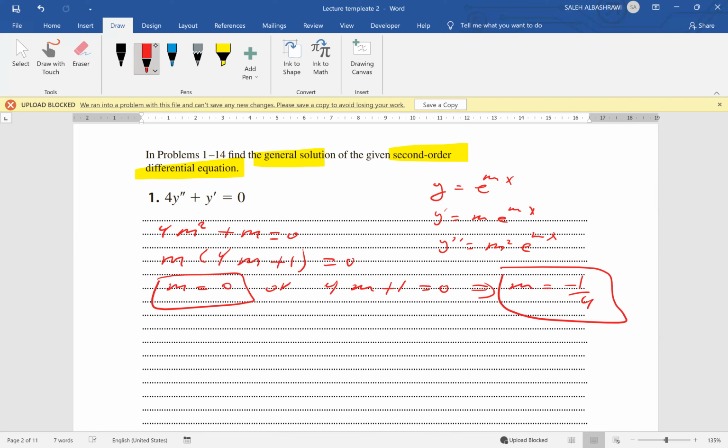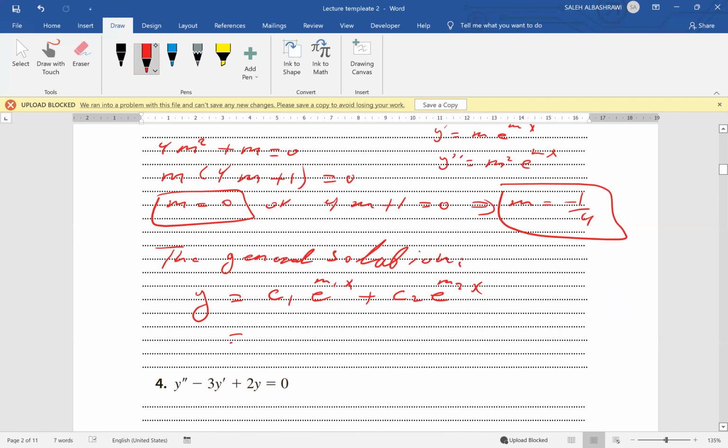So the general solution will be y equal to c1 e to power m1x plus c2 e to power m2x, which is equal to c1 e to power 0 plus c2 e to power minus 1 over 4x.